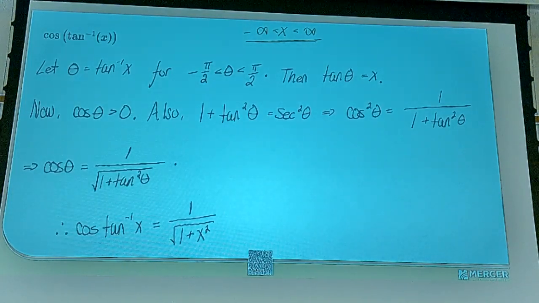That would be our expression. This is purely algebra, a pure algebra argument. You could have also set up your right triangle if you wanted to, and you would have gotten the same thing.